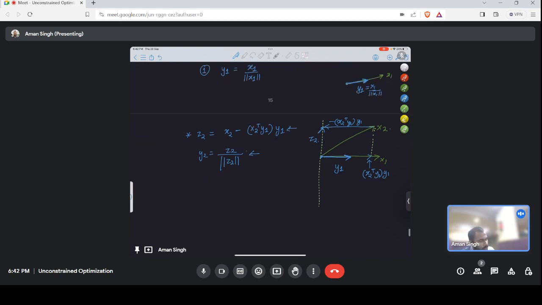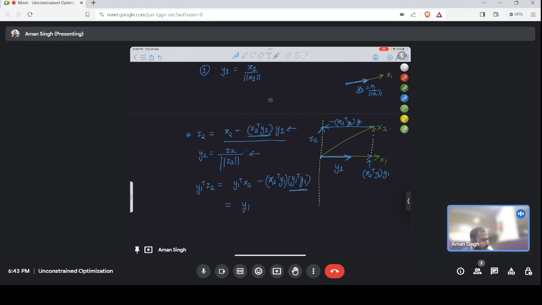We can also check whether this is perpendicular to y1 or not. We can take the dot product y1 transpose z2, which will give us y1 transpose x2 minus, this is a scalar, x2 transpose y1 times y1 transpose y1. So y1 transpose y1 will be 1.